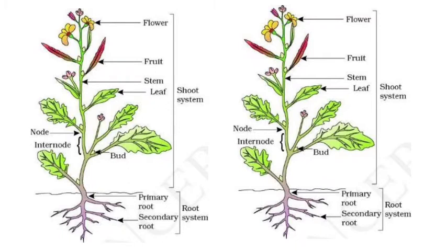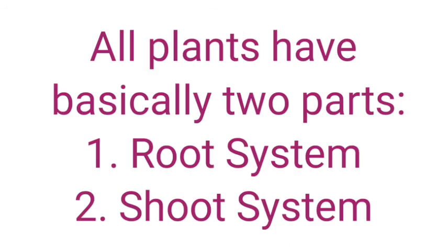First of all, know the main important term related to parts of plants. All plants have basically only two parts. The first is root system and the second is shoot system.